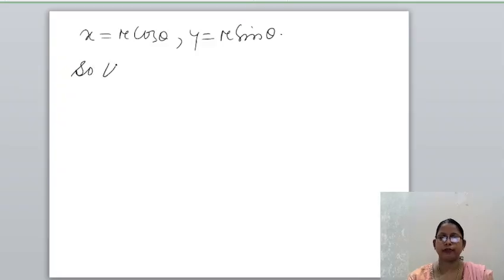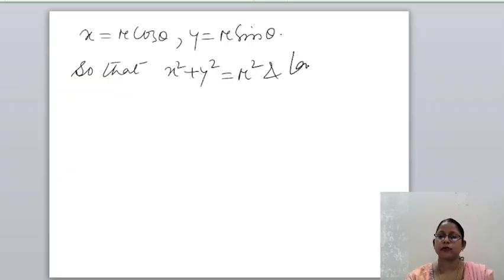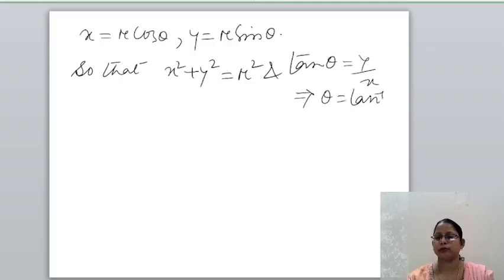So if you square and add, it will be r square, within bracket cos square theta plus sin square theta. And for tan theta, divide this equation by this equation. I will get r sin theta by r cos theta, r cancels out, this will be tan theta, and in the right hand side it is y by x. This will imply theta equal to tan inverse y by x.